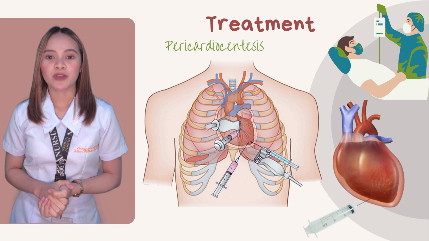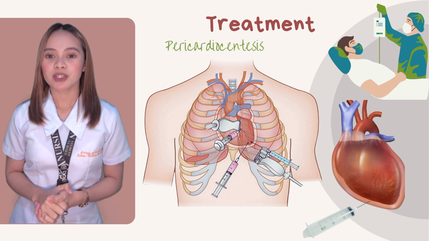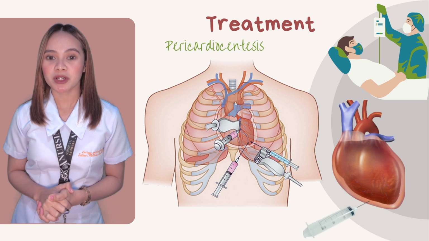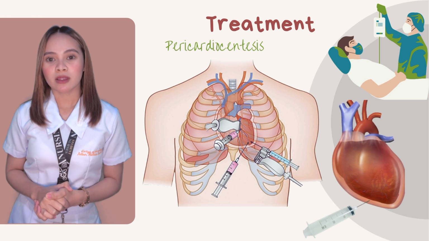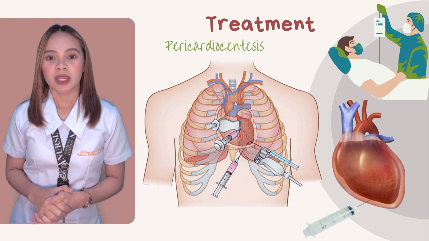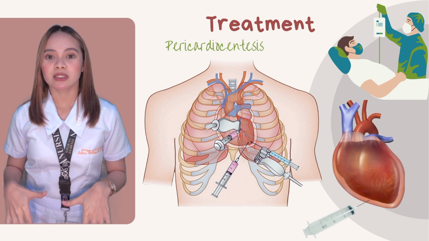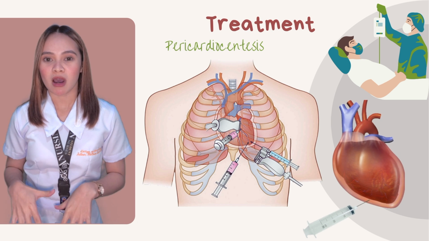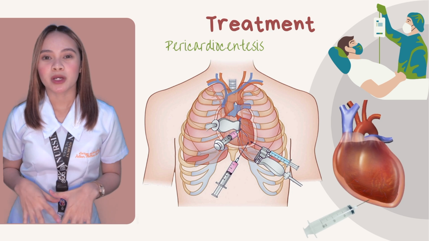Cardiac tamponade requires hospitalization. The goal of treatment is to relieve intrapericardial pressure and cardiac compression by removing the accumulated fluid, to pump more oxygen to the body and increase the cardiac output. Draining the heart sac is called pericardiocentesis, a needle aspiration of the pericardial cavity.